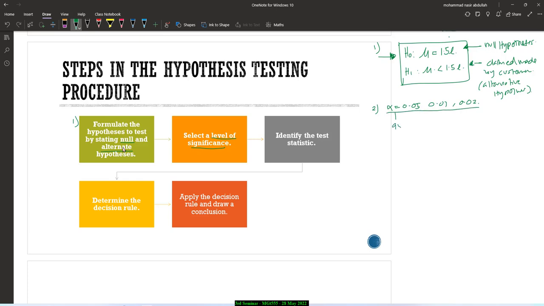Maksudnya we are 95% confidence about the result that we going to test ni. Result yang kita nak test ni, kita ada 95% confidence. Ini kita ada 99% confidence of our result nanti. Boleh faham ah? So kita nak test berapa persen confident of the result.